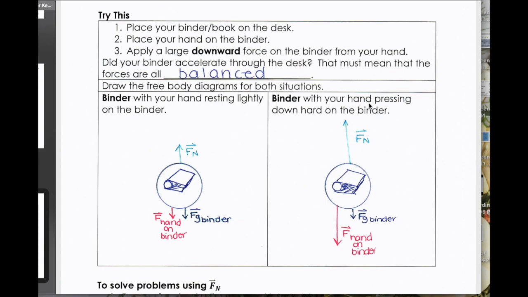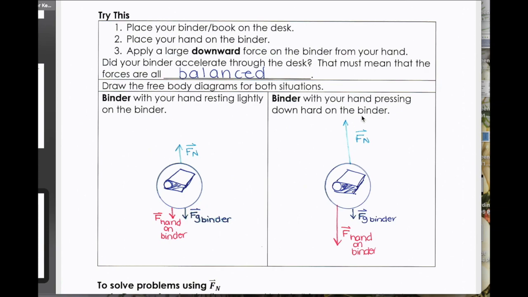If we were to apply more downward pressure to the book, so we have a greater force being pushed onto the book plus the force felt by gravity, that's still going to be equal but opposite in direction to the normal force. So as we apply more pressure, the normal force is going to increase.